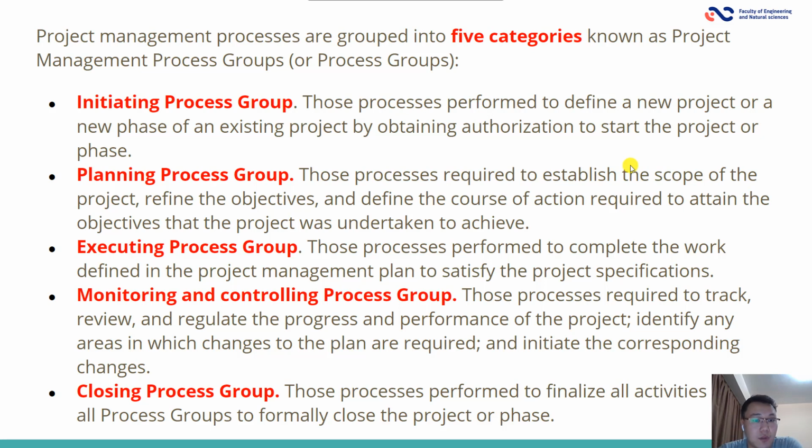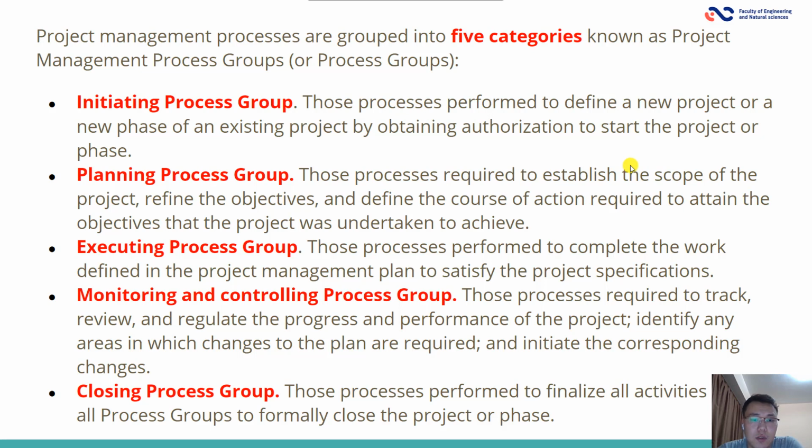Second is the planning process group. Those processes are required to establish the scope of the project, refine the objectives, and define the course of action required to attain the objectives that the project was undertaken to achieve.